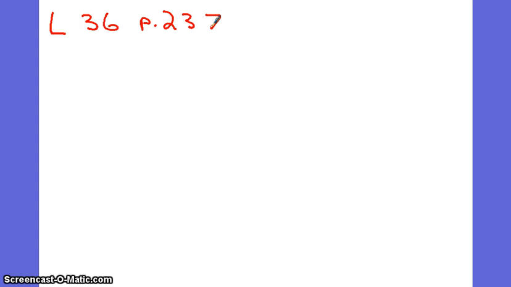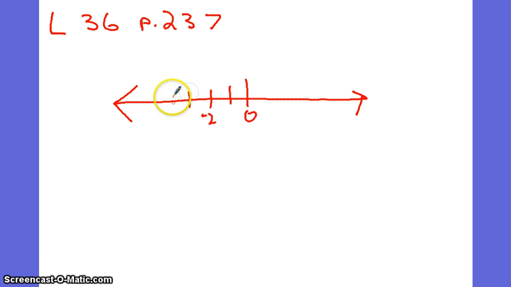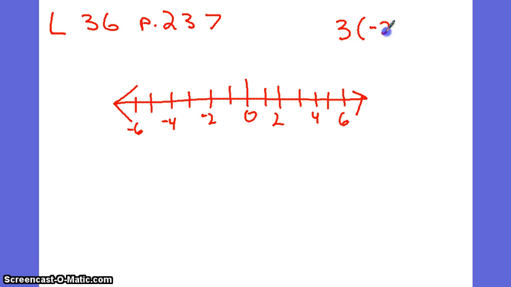So let's take a look at a number line so we can get a good picture of what's going on here. So if this is 0, and we got 2, 4, 6, and so on, and our problem is 3 times -2, what is the answer going to be?